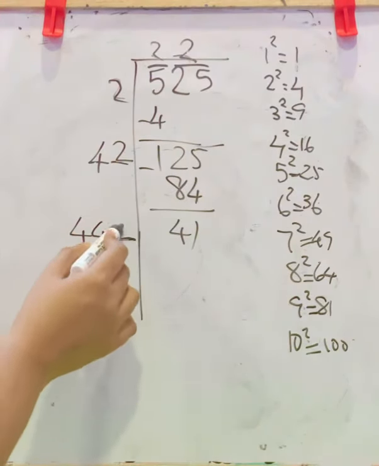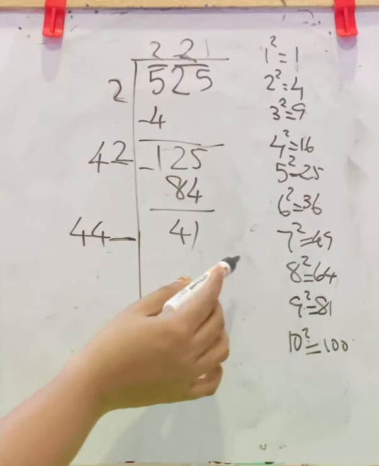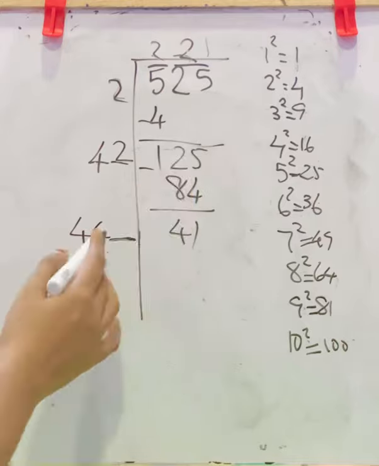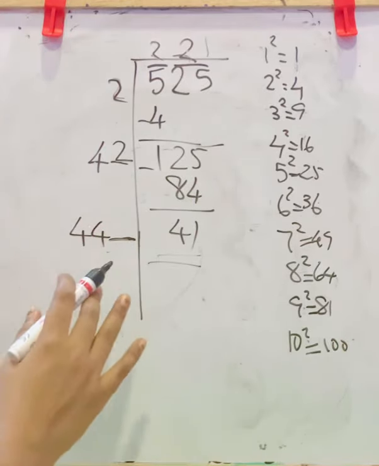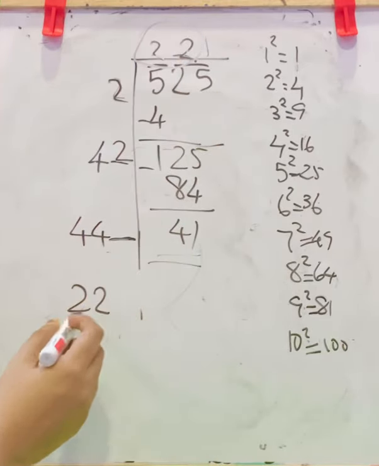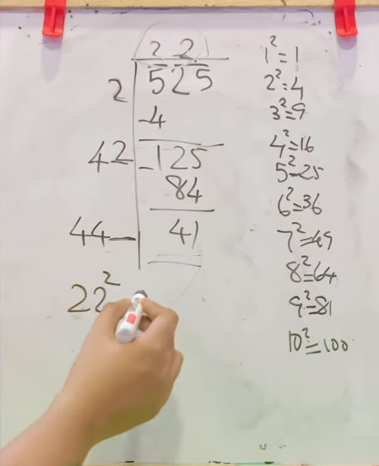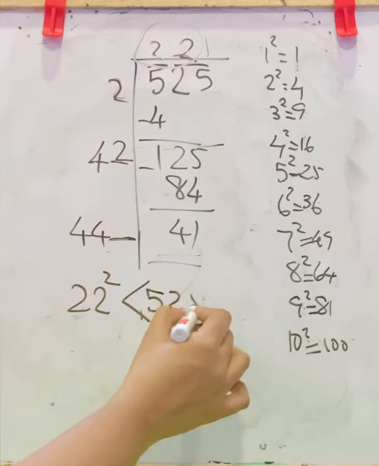If you write 1 here, you have to write 1 here also. 441 into 1 is 441. It is a much bigger number than this, so you can't proceed. Stop here. So in this question, what is the number here? 22. And 22 square is smaller than 525.